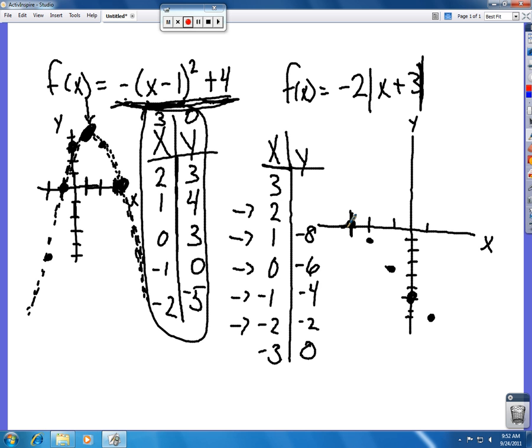Let's go ahead and do -4 and see what that does to our graph, because it could go above it or it could go below it. I'm betting it's going to go below it. So let's go ahead and look at -4. So -4 plus 3, that's going to give you a -1. The absolute value of -1 is 1. So 1 times -2, that's going to give you -2. So we're at -4, -2.